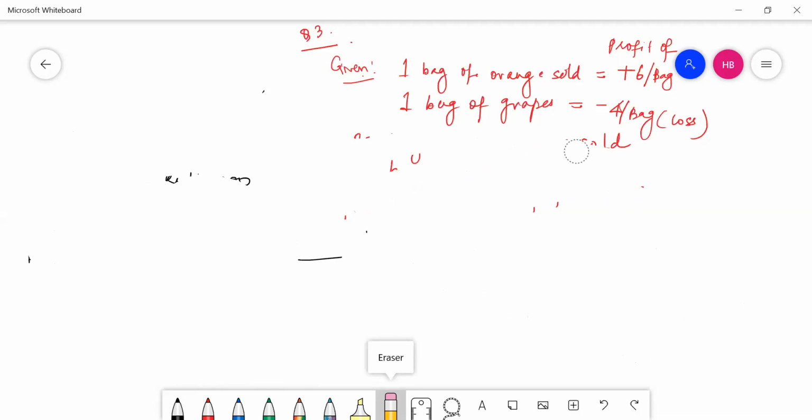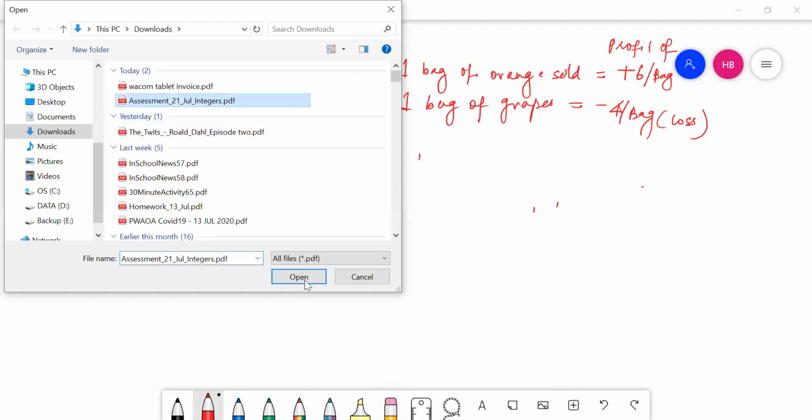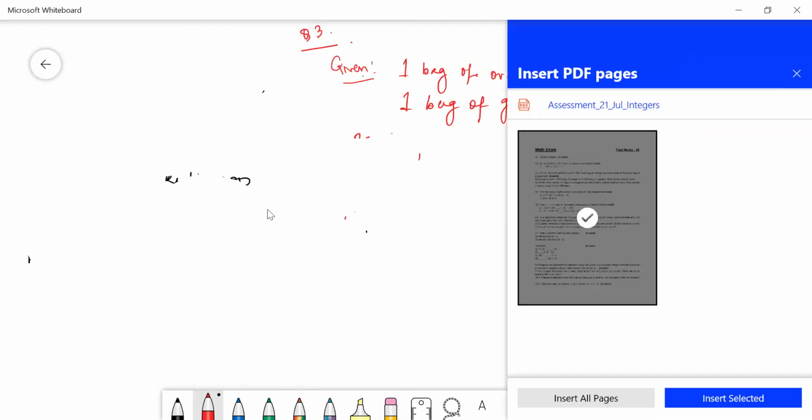You will see that there is already so much given in the question, right? If you see carefully what details are given in the question, you'll be able to solve the question very quickly. So I need to upload this so that we'll be able to see properly what the B part is.